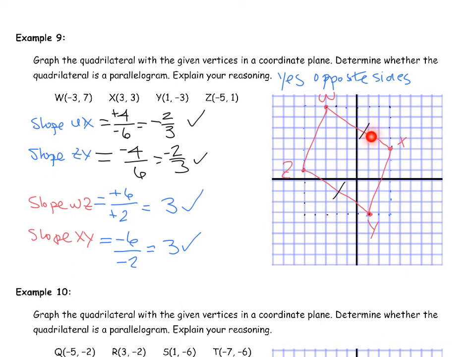So what we really just proved by using slope is that these two lines are in fact parallel. We proved that WX is parallel to ZY because they have the same slope, and that ZW is parallel to YX because they have the same slope. So yes, because opposite sides are parallel.